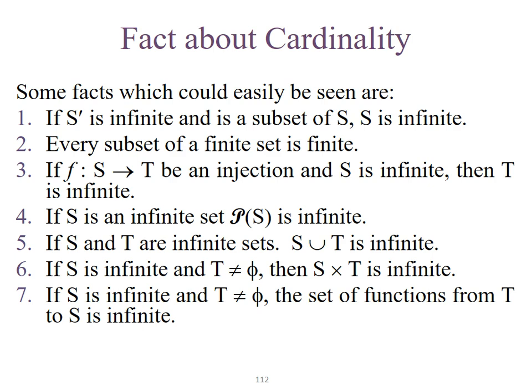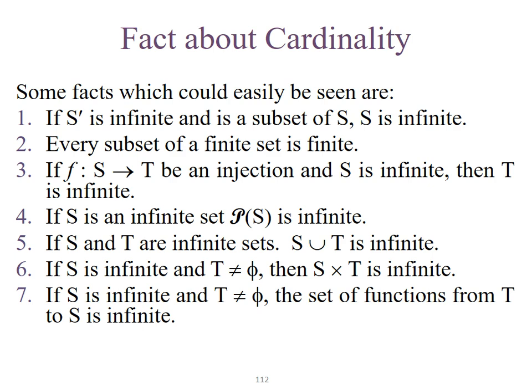If S prime is already infinite, then it's a subset of the set S. That means S has larger cardinality than S prime, then S must be infinite. Okay, every subset of a finite set is finite. Because the large set is already finite, you can count 1, 2, 3, 4 to n. And then when you extract a subset of that set, the subset is also finite.